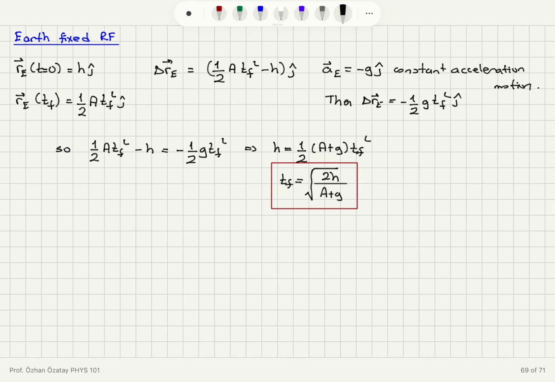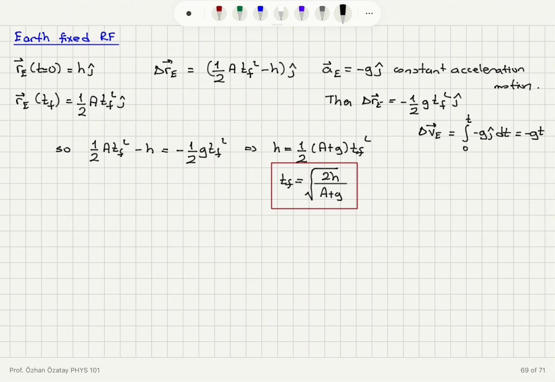So you can see that for delta RE, basically, first I find delta VE, which is the integral from 0 to t of minus g j hat dt, which is minus g t.